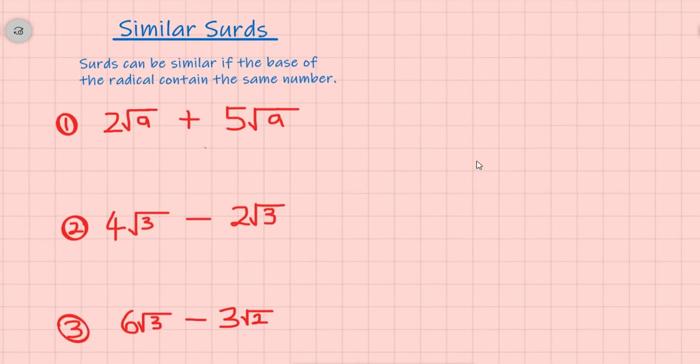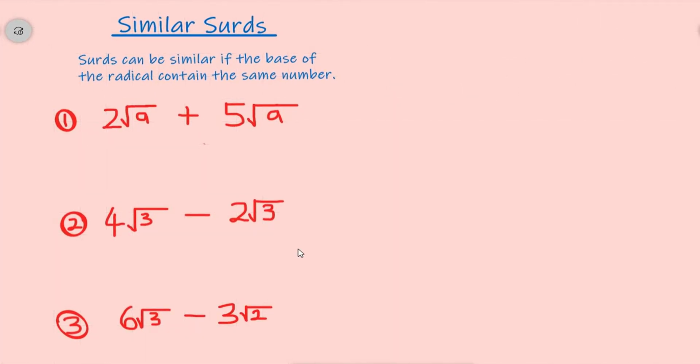We have similar sorts. So how can you identify similar sorts, or how can you solve a question like this? Sorts can be similar if, look at this, this is the radical, so this base here, they are the base or radicands.